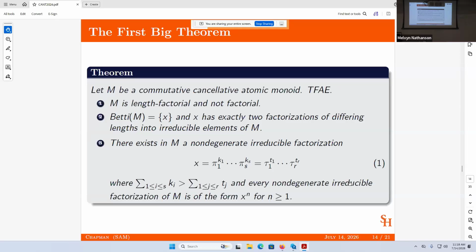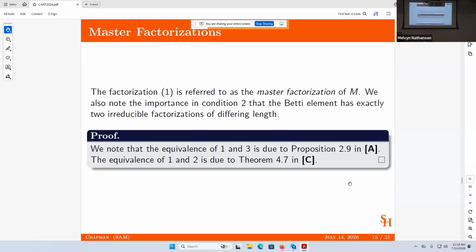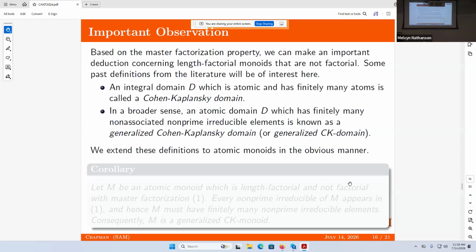So these 3 things are equivalent. I scratched out some proofs, but I just pointed back to other papers. 1 and 3 are equivalent due to that original paper by Kuykendall and Smith, and 1 and 2, there's a proof of that in C, which is a paper I was an author on. So you've got a nice characterization of length factorial.